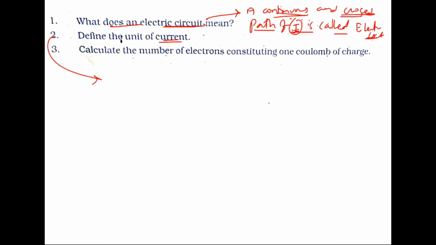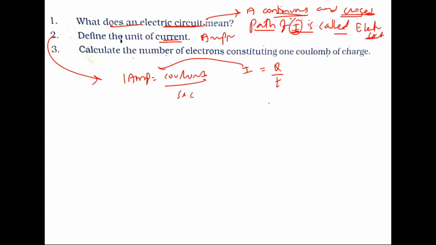The unit of current is ampere, and he is asking to define this ampere. I equals Q by T, so the current unit is ampere and the charge unit is coulomb, so it is coulomb per second.